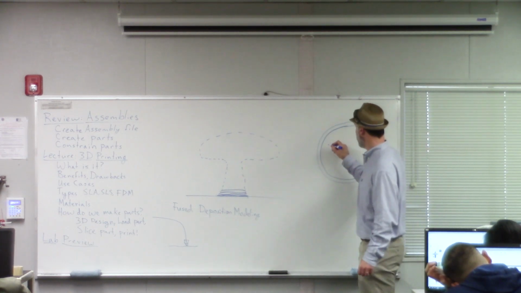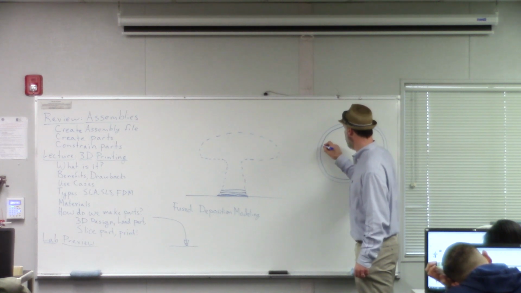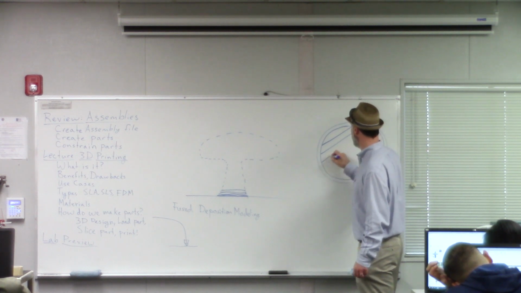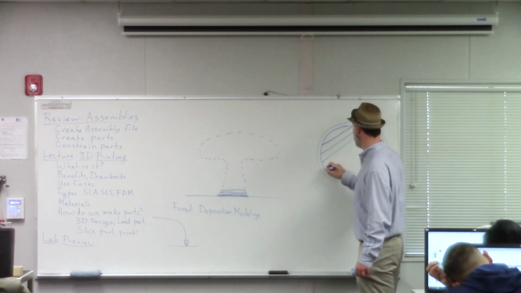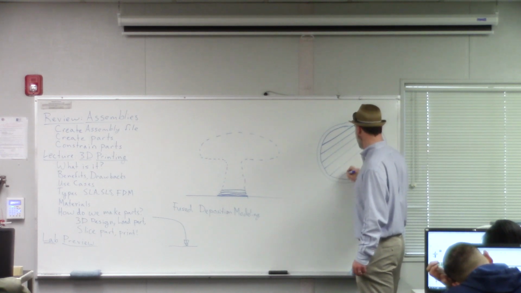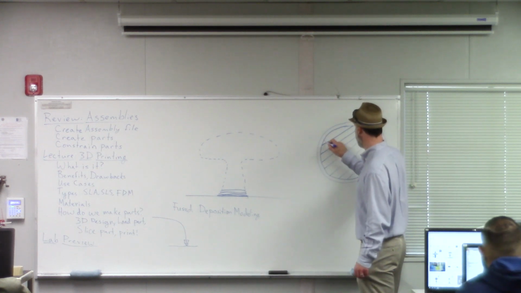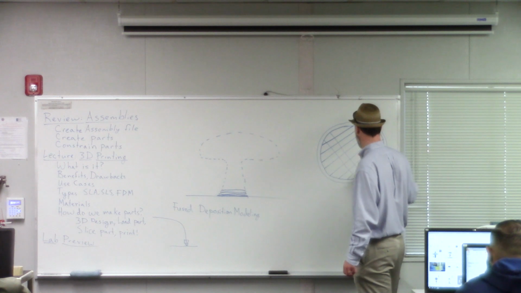So there will be something called an infill pattern, where the slicer will say, okay, we'll give you a pattern that looks kind of like this. If we're looking down on this from the top, it would be something like this. It might have lines that go that way and lines that go this way.